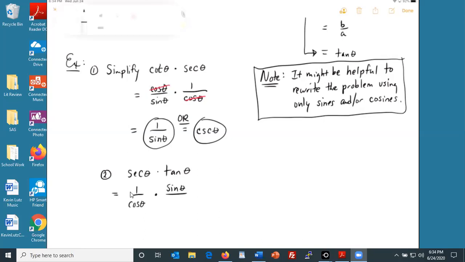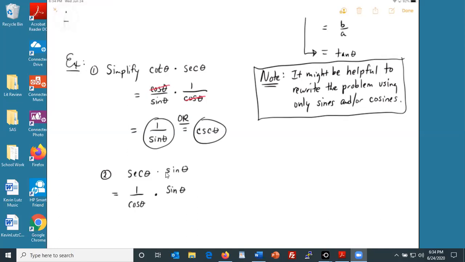Oh, I'm sorry, I miswrote something. Sorry, I can't read. I put the answer as the second term. So it's secant times sine. Sorry. So then we don't need to rewrite sine because it's already in terms of sine or cosine.